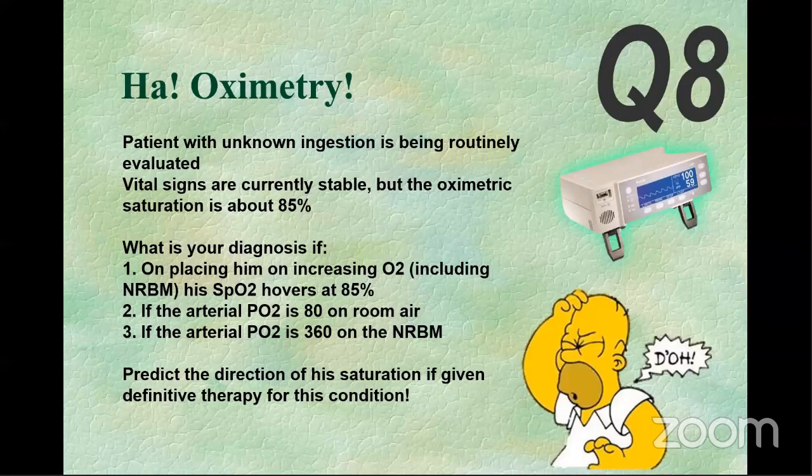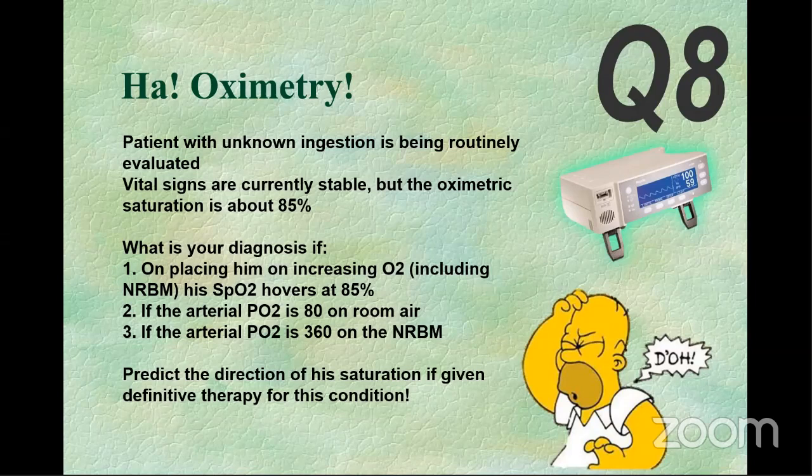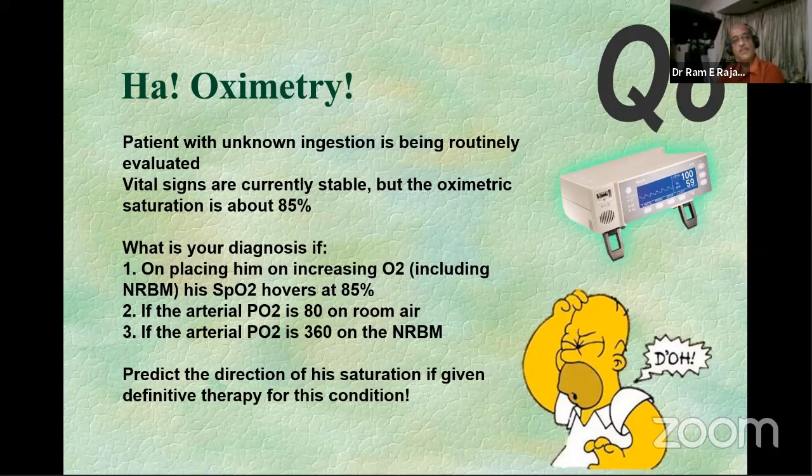This is a case where a patient with unknown ingestion is being routinely evaluated. Vital signs are currently stable, but saturation is 85%. What is your diagnosis? I'm not giving you options, I'm giving you the things that happen when you place this patient on oxygen.